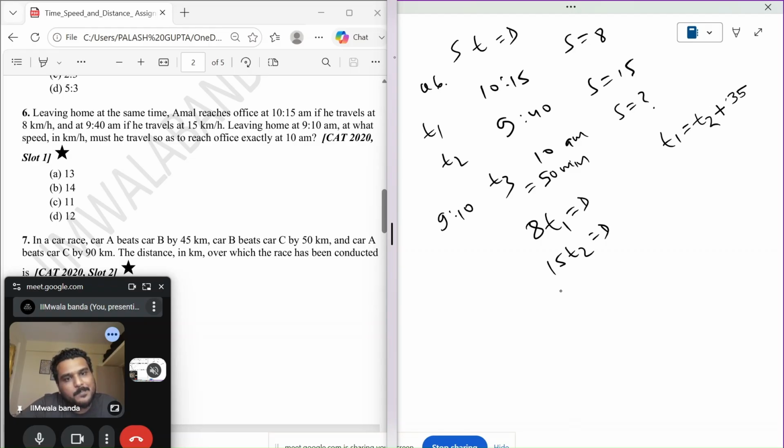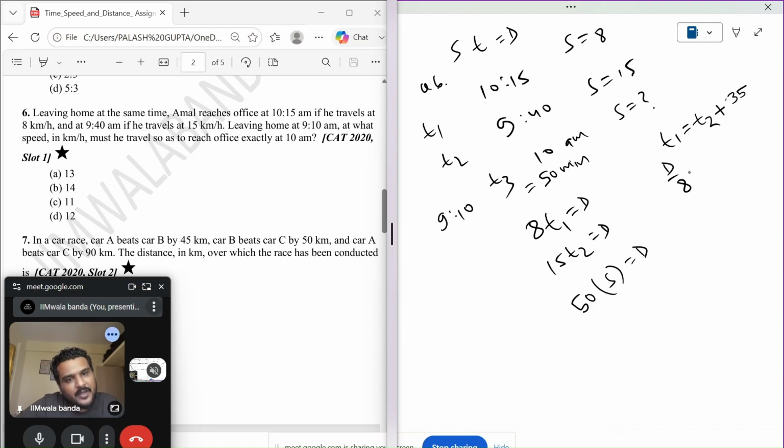I need t3. I know he's taking 50 minutes at some speed to cover the same distance d, and I need to find the speed.